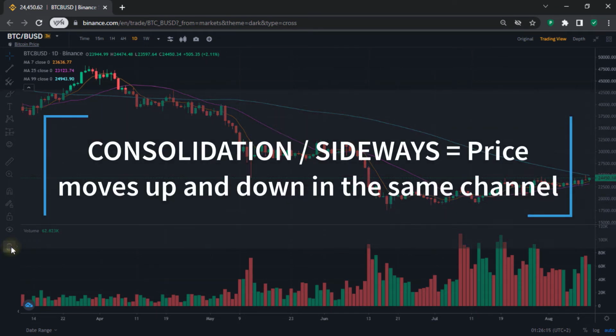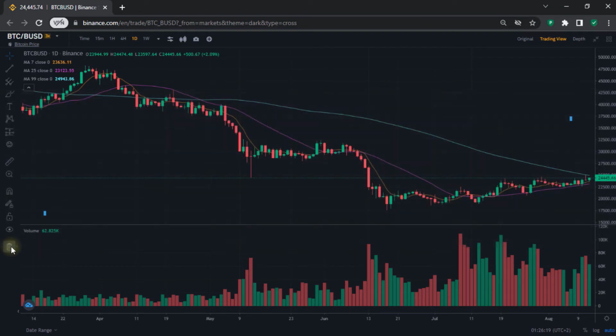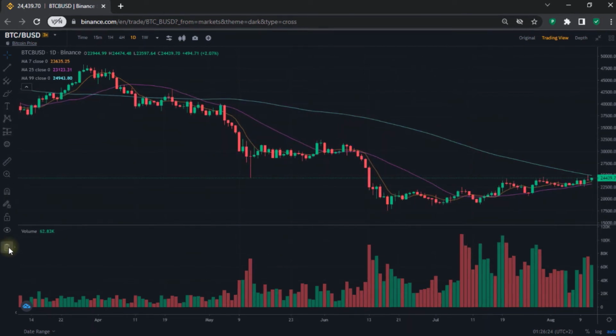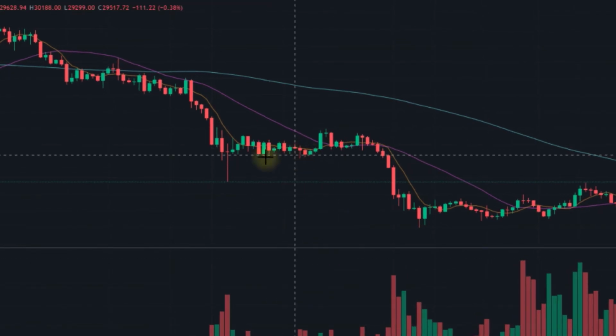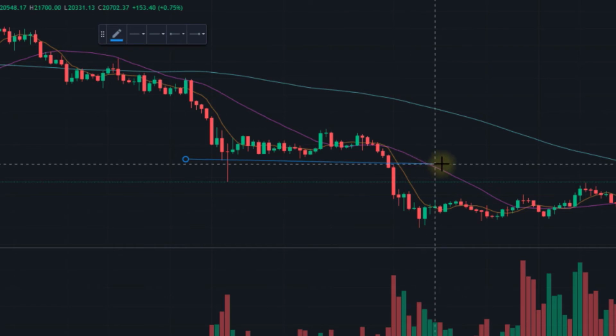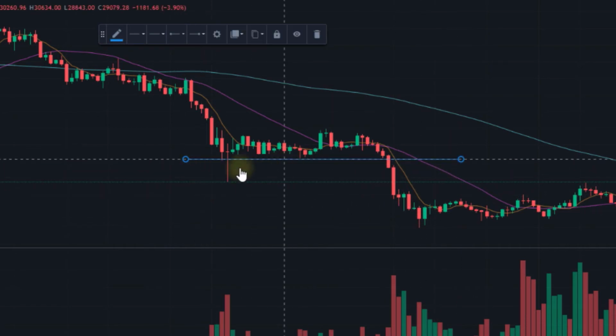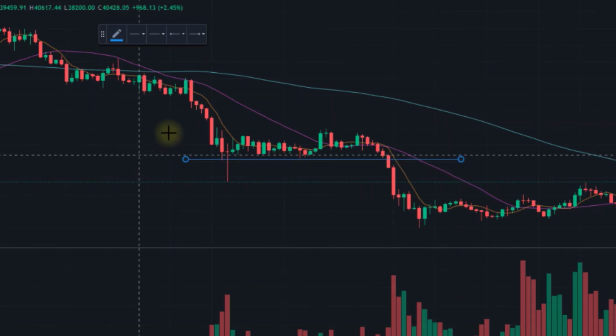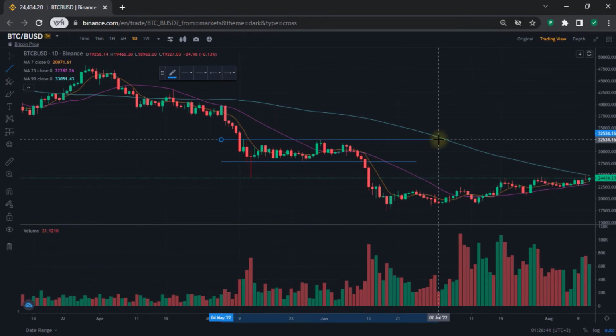When we want to identify if there's a consolidation period or a sideways movement, we'll also take a look at the highs and the lows and if there's any movements of that. If I'm looking at this middle portion here, and then we get a trend line going, basically we've got a line moving across like so. That's the base and the lows. And then we got another one moving across here.